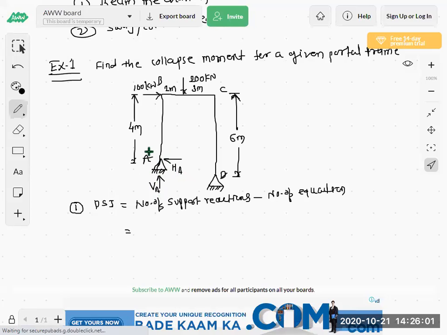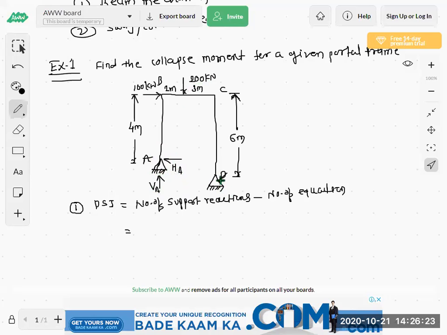Movement will not be there, because movement will be generated only at a fixed support. So at joint A, Va and Ha, these two reactions are there.